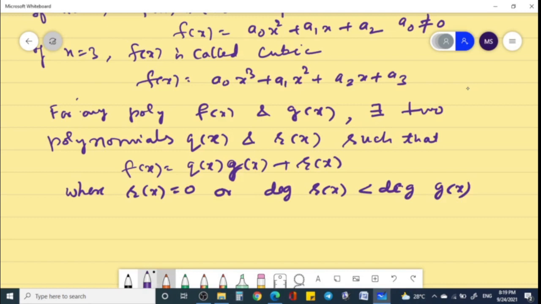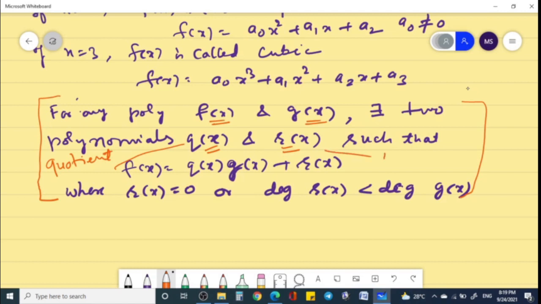That can be verified easily. If we take two polynomials f(x) and g(x), then we can find other polynomials q(x) and r(x), known as the quotient polynomial and the remainder polynomial. The property of the remainder polynomial is important here.